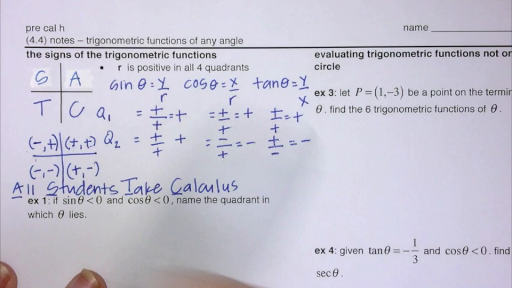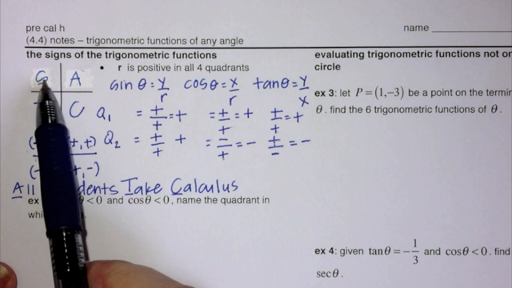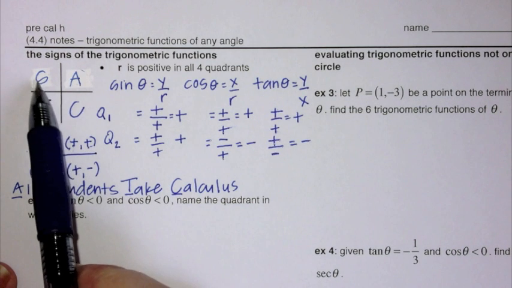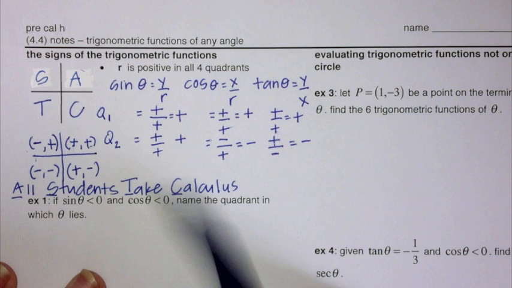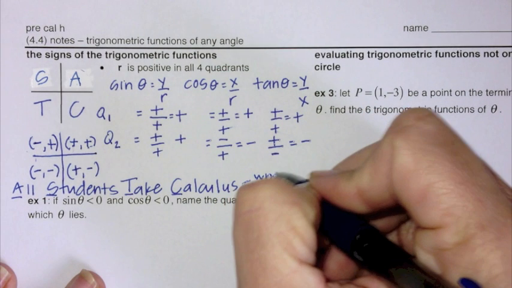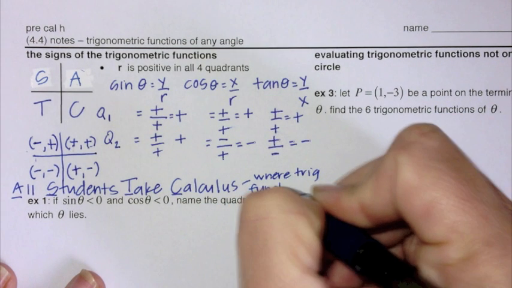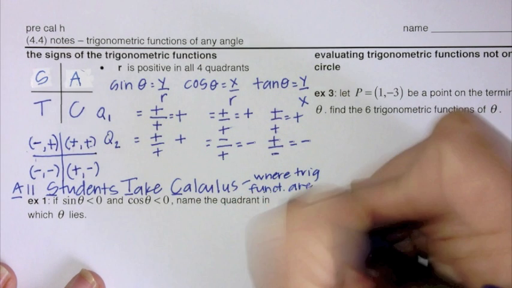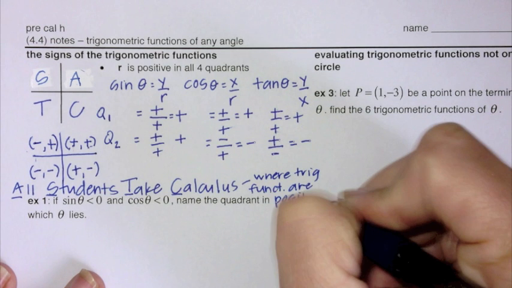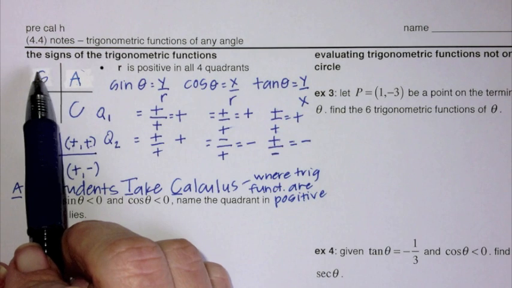So all were positive in quadrant 1, but only sine is positive in quadrant 2, and that's why it's an S. So the All Students Take Calculus acronym represents where trig functions are positive. And again, cosecant is also positive here since it's sine's reciprocal.